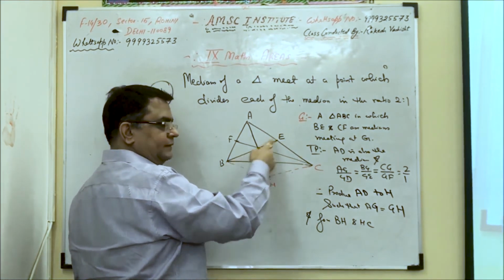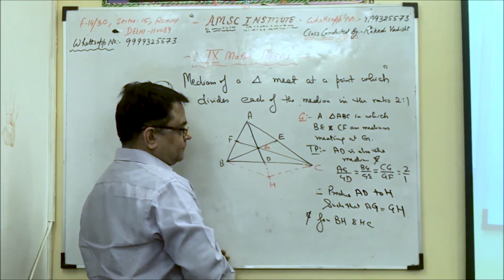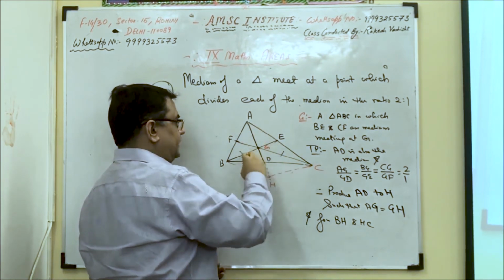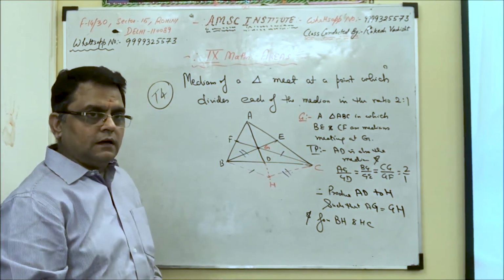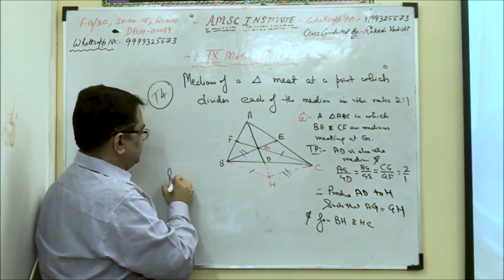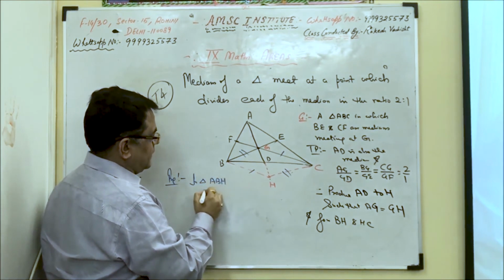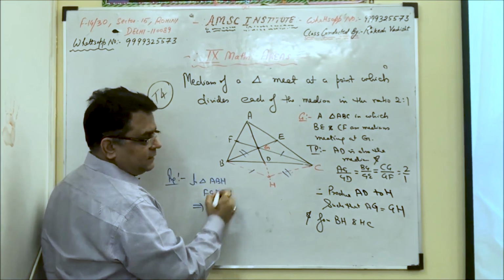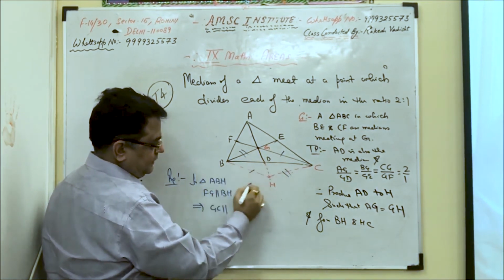And hence कोलिनियर है भाई, BG is parallel with HC। ये इसके पैरेलल हो गया using this triangle, और using this triangle ये इसके पैरेलल हो गया। तो this quadrilateral becomes what? A parallelogram, right?